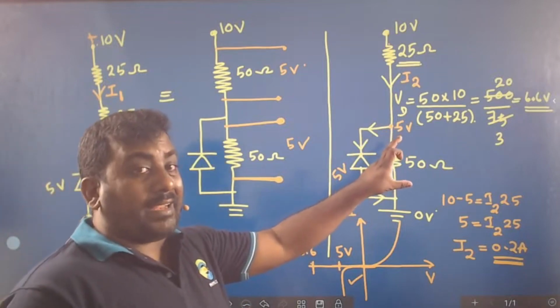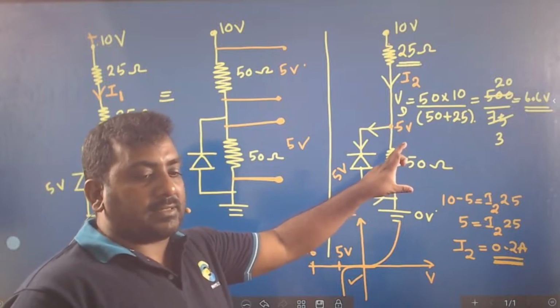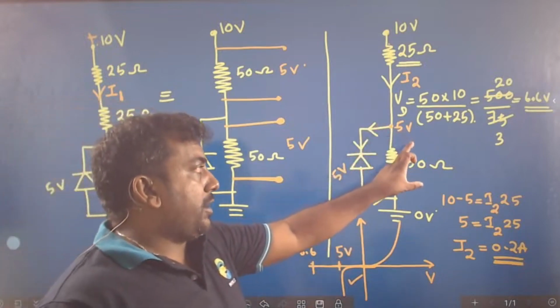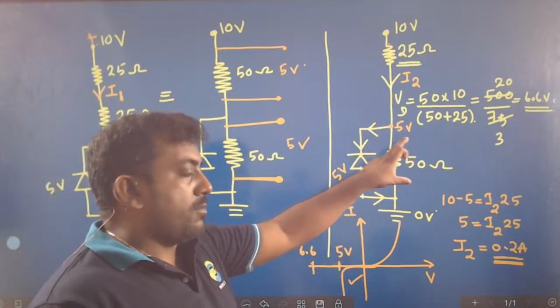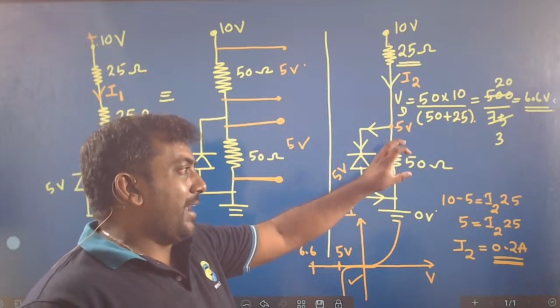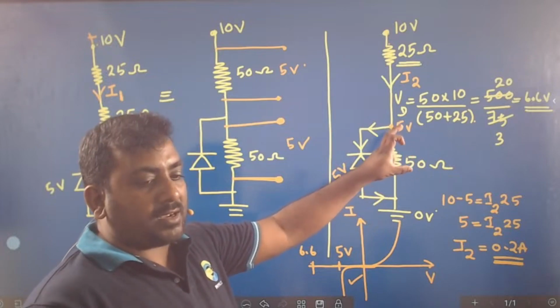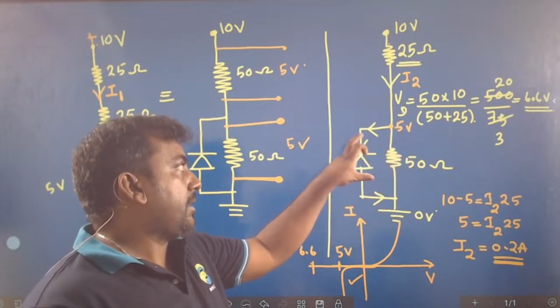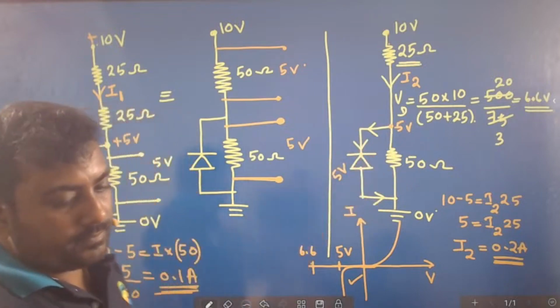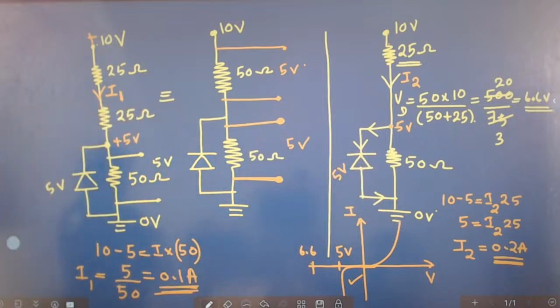Even if the voltage is greater than 5 volts across the 50 ohm resistor, breakdown voltage will occur across the diode.